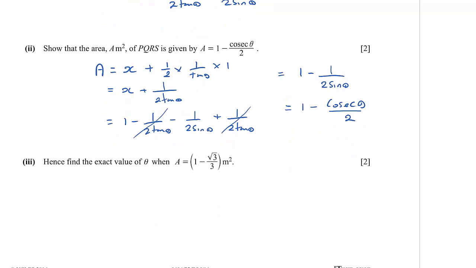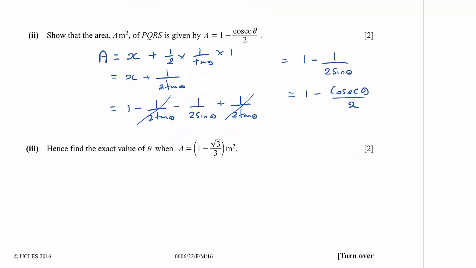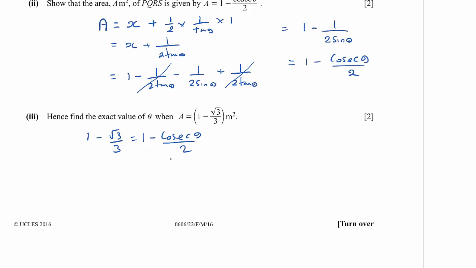Hence find the exact value of theta when A is 1 minus root 3 over 3. So what we have is 1 take away root 3 over 3 is equal to 1 take away cosec theta over 2.